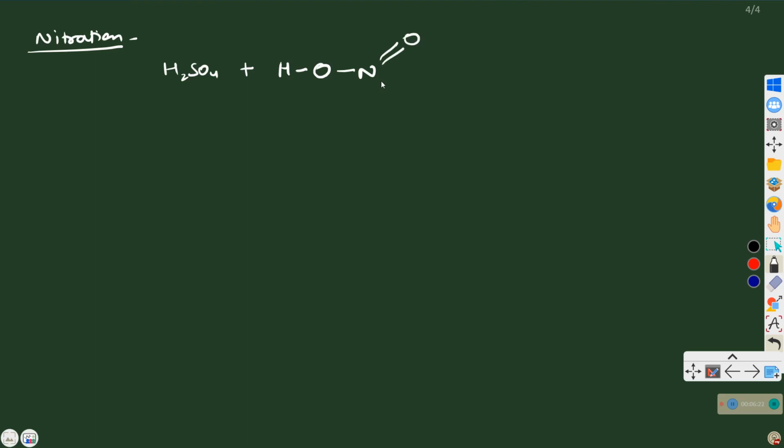I hope everyone knows the HNO3 structure. Here there is one coordinate bond between this oxygen and this nitrogen, and nitrogen has already acquired positive charge. This is negative. This is having lone pairs. So in the first step, nitric acid is the proton acceptor, and H2SO4, the sulfuric acid, is the proton donor.